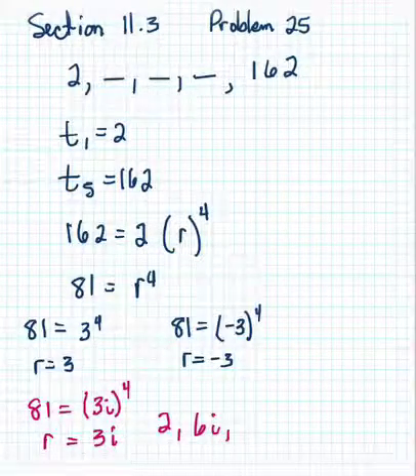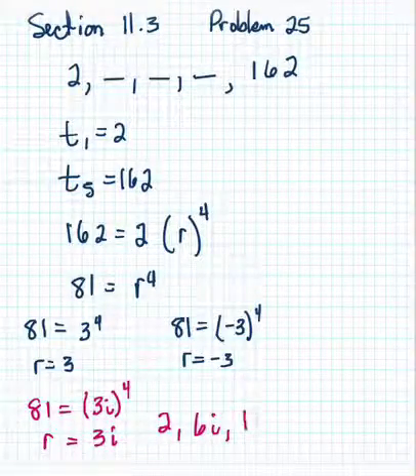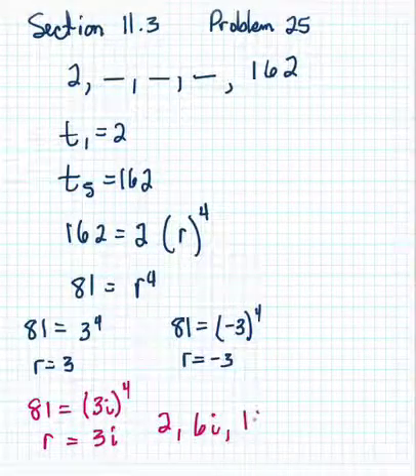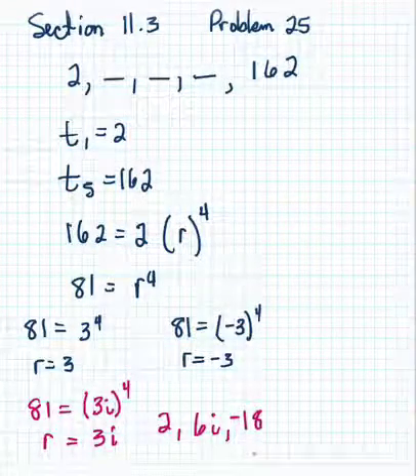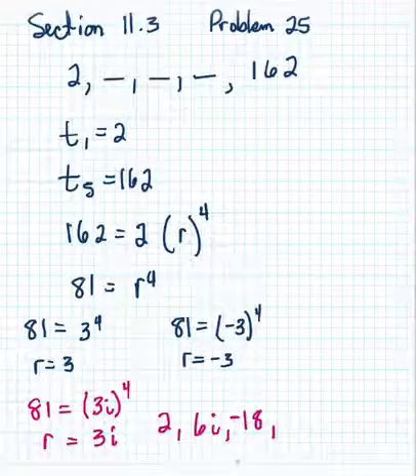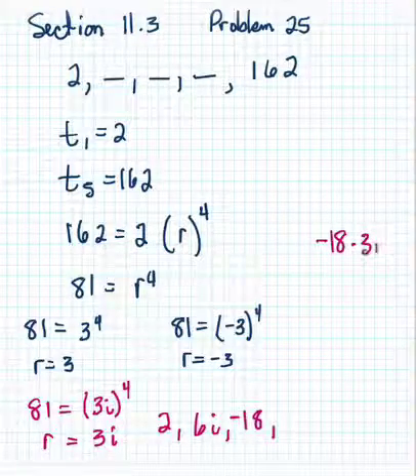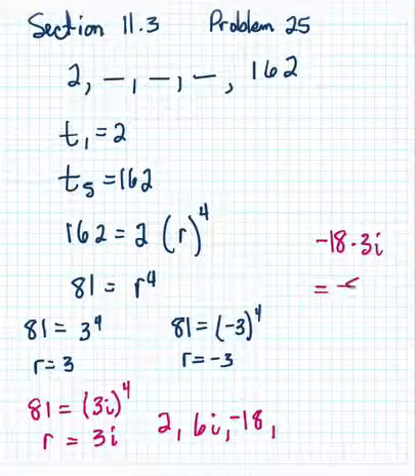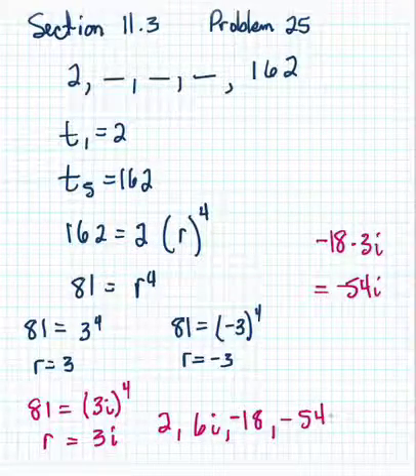Then 6i times 3i would be 18i squared, which is negative 18. Then negative 18 times 3i is going to be negative 54i.